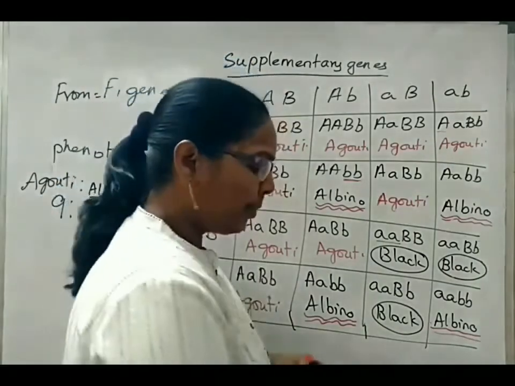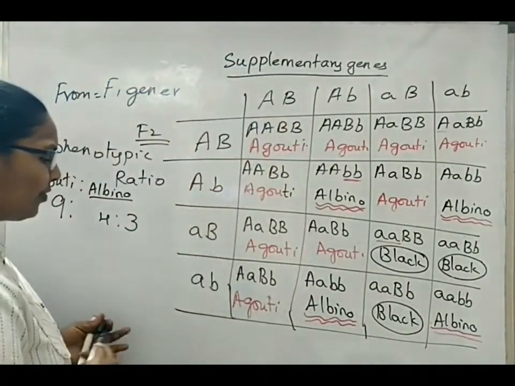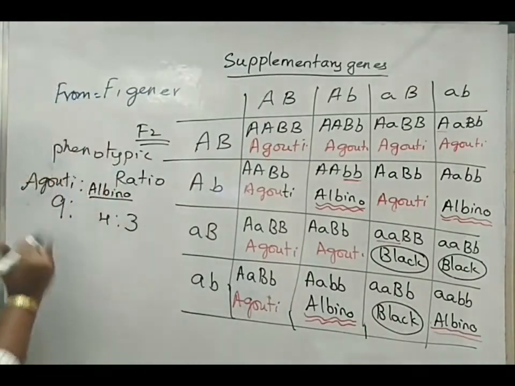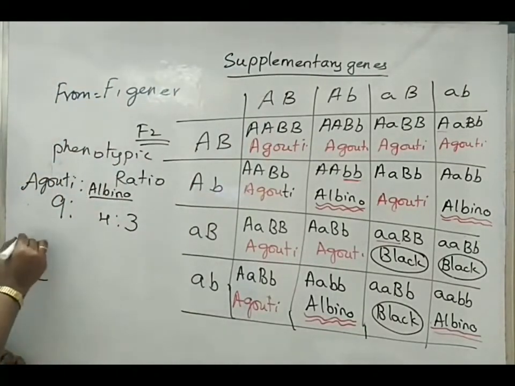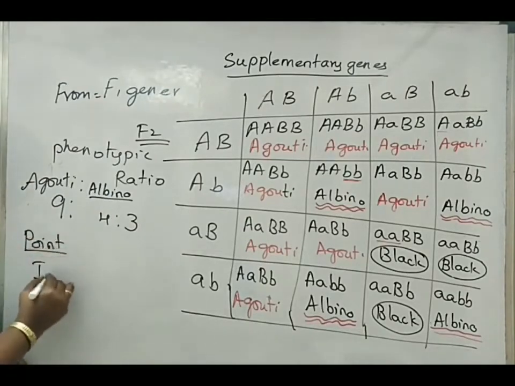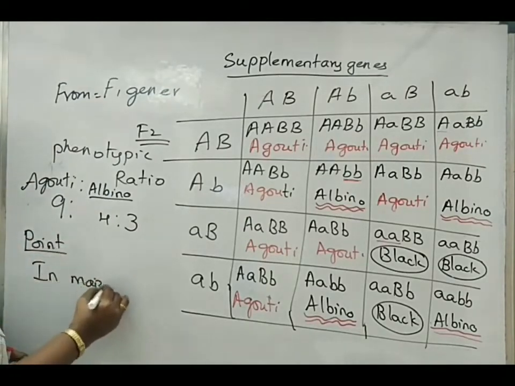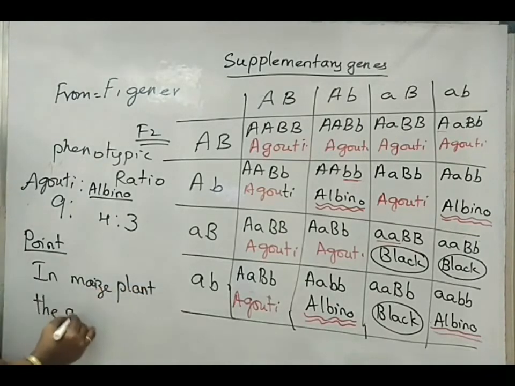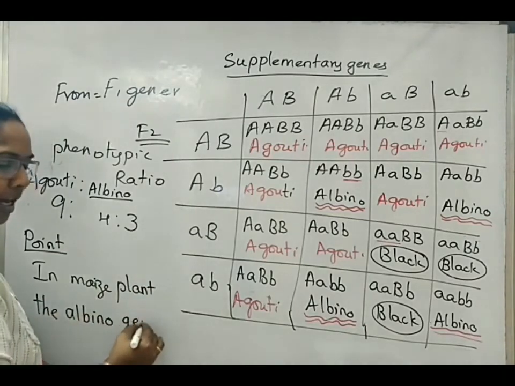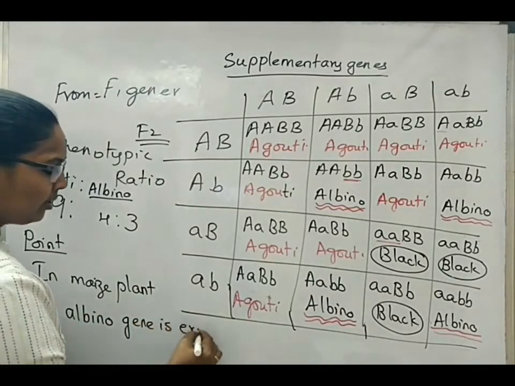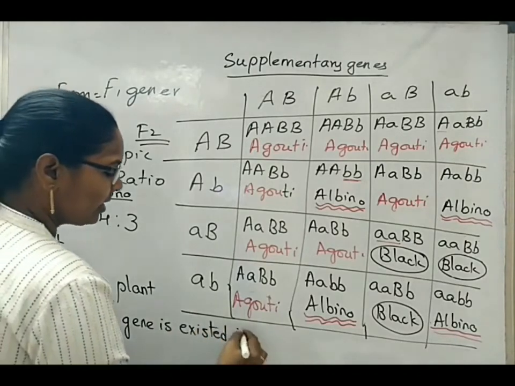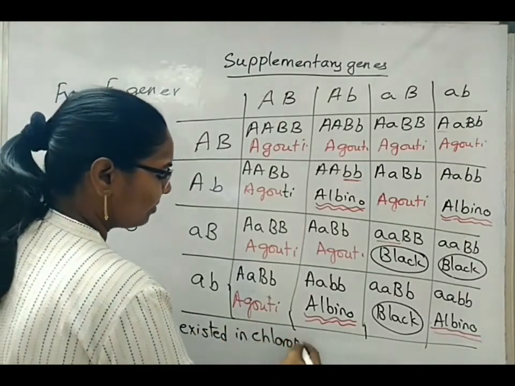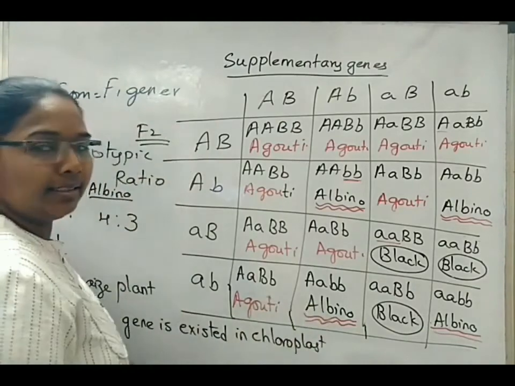Next, one important point that I have seen in one of the practice question banks. In case of maize, the albino gene, which is purely a recessive one, exists in chloroplast, and it is considered as lethal.